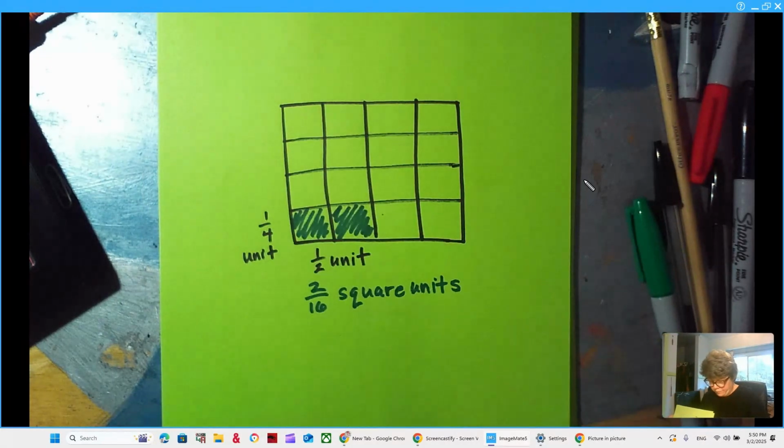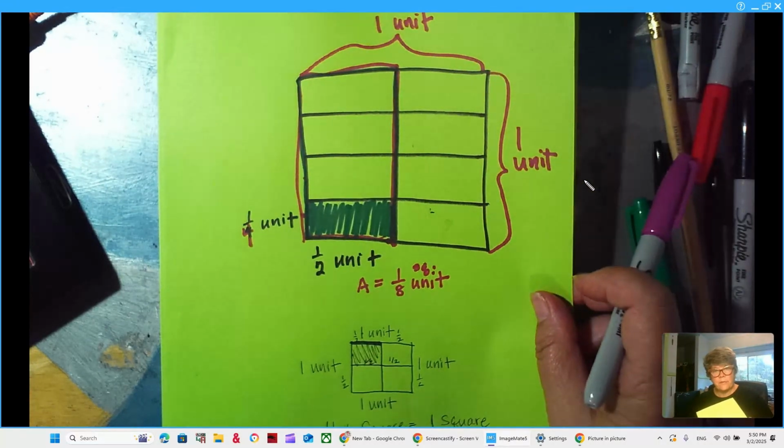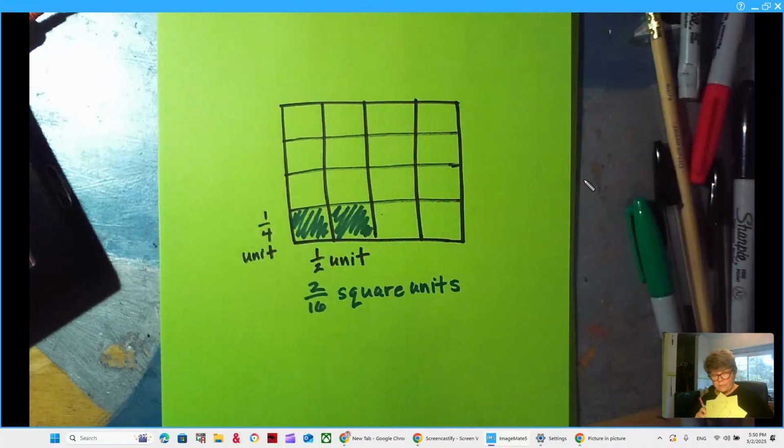There we go. What do you notice about this one? It's very similar, right? It's still 1/4 and 1/2. You see that? But this student broke it into more parts, right?